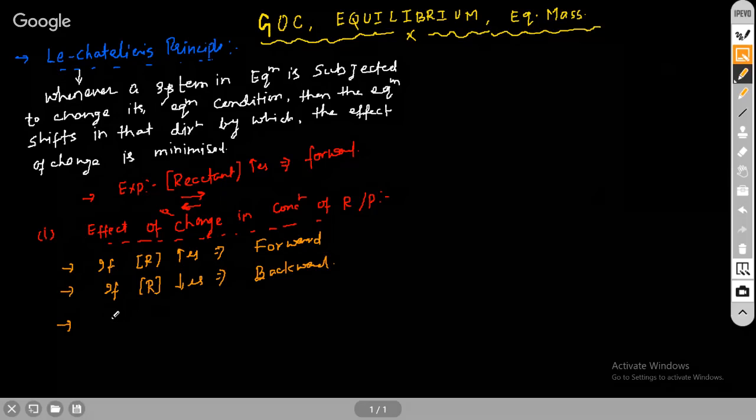Third possibility: if the concentration of product increases, then again the reaction goes in the backward direction to decrease the product concentration. And if the concentration of product decreases, then the reaction goes in the forward direction to increase the concentration of product.